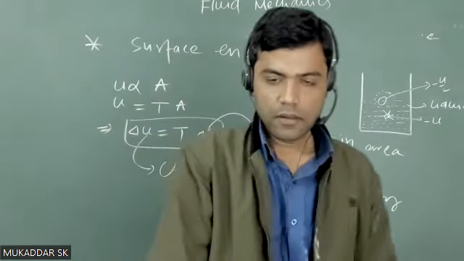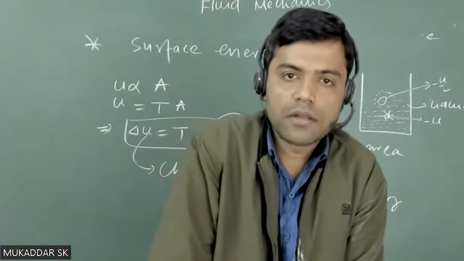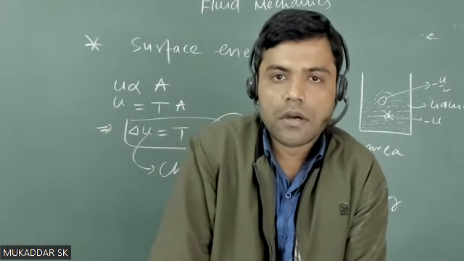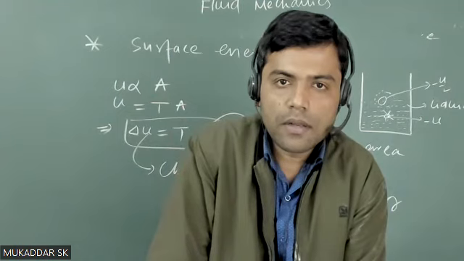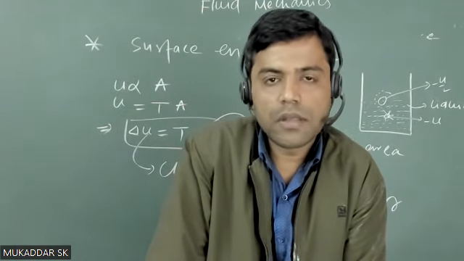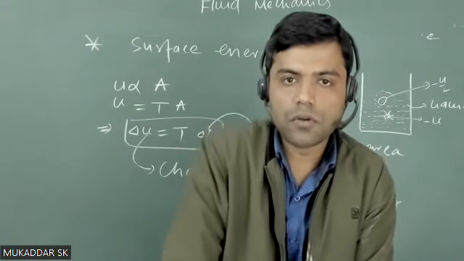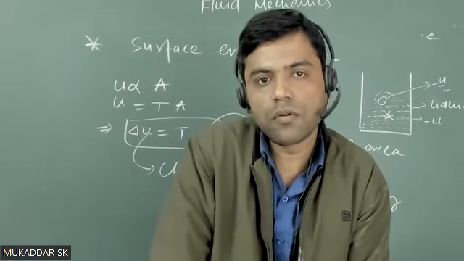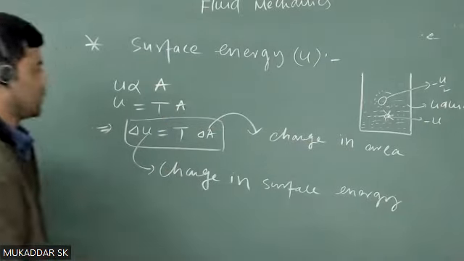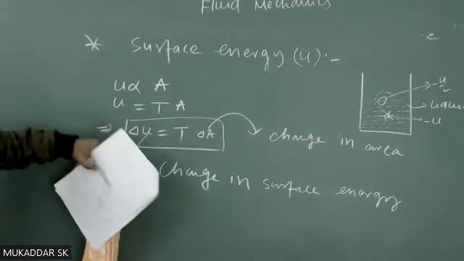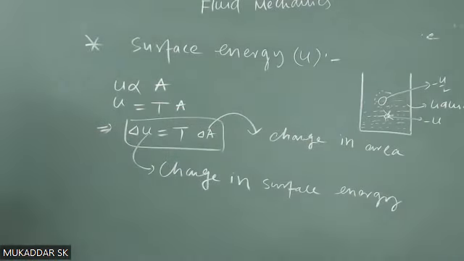So surface energy किसके ऊपर डिपेंड करता है? नंबर ऑफ मॉलिक्यूल ऑन द सरफेस। और नंबर ऑफ मॉलिक्यूल ऑन द सरफेस किसके ऊपर डिपेंड करता है? सरफेस एरिया के ऊपर। जितना ज्यादा सरफेस एरिया होगी, उतना ही ज्यादा आपका सरफेस मॉलिक्यूल होगी, और जितना ज्यादा सरफेस मॉलिक्यूल होगी, उतना ही आपका सरफेस एनर्जी बढ़ेगी। It's a really important formula, and from here I can derive delta U, change in surface energy, that will depend upon change in surface area.